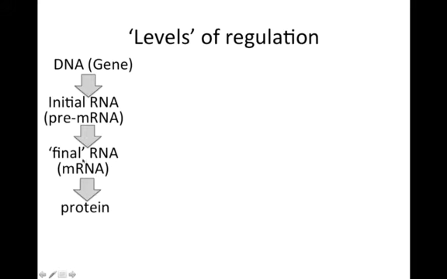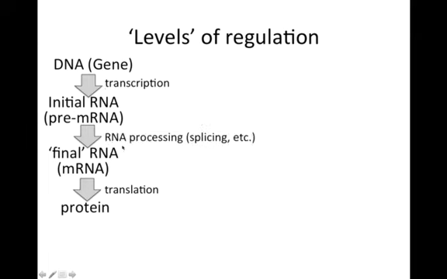It's also possible to regulate the level at which an RNA is translated into protein, so that would be regulating at this level. And then finally, we can regulate, for a mature protein, its fate. So we can call these different levels. This is the level of transcription, the level of translation, and here we have splicing, as we said.